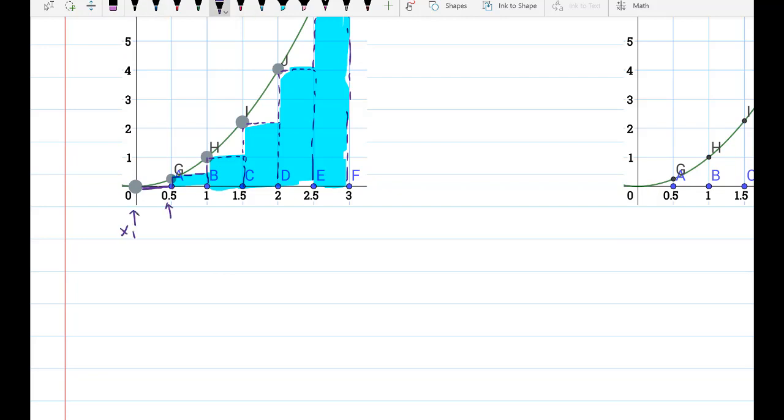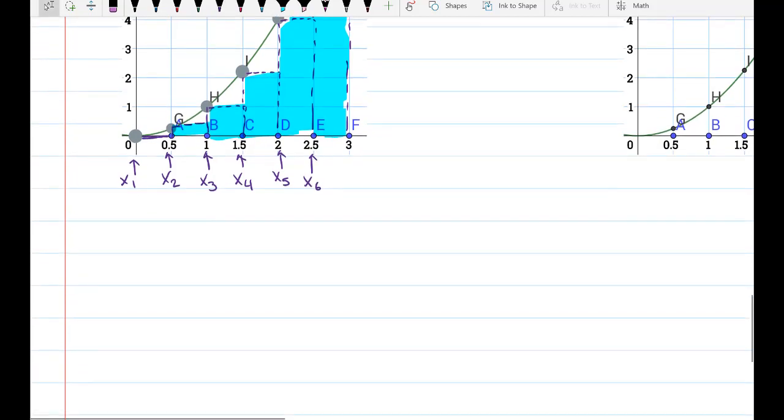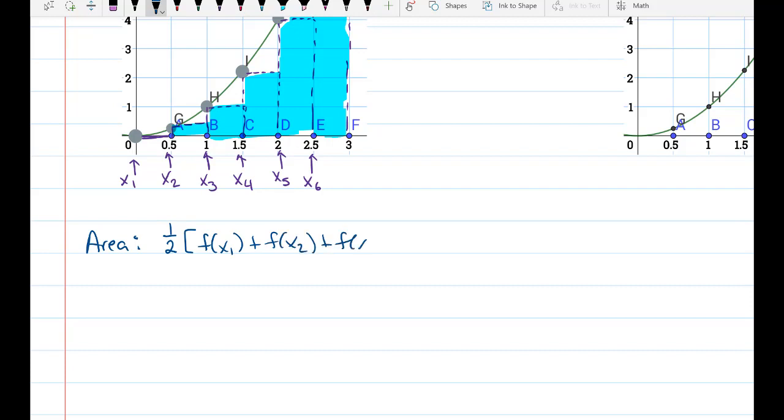X sub 1, x sub 2, this is x sub 3, x sub 4, x sub 5, and x sub 6. Again, the left points. So then the area is going to be 1/2, because that's our delta x, times f of x sub 1 plus f of x sub 2 plus f of x sub 3, and all the way until you get to 6.